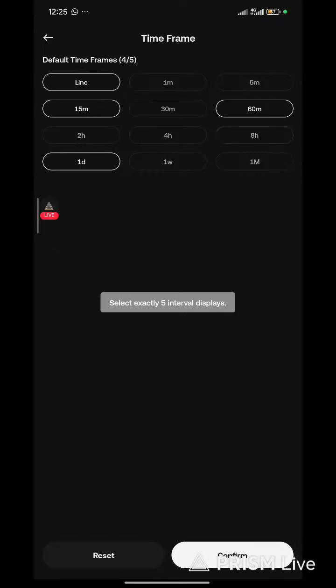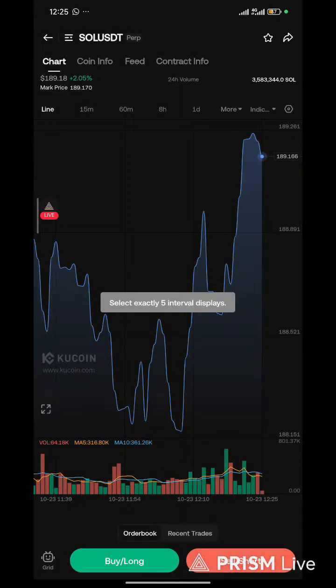If you remove 8 hours, you can put 1 minute. It will definitely show.